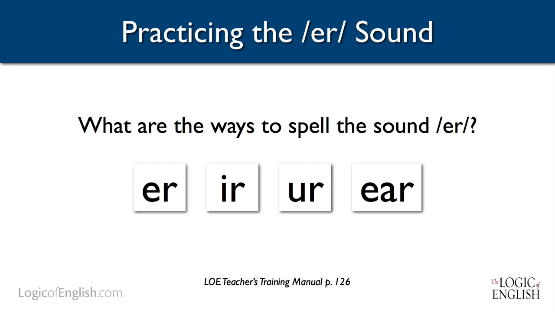So ER is more common than IR, which is more common than UR, and EAR is the least common. In addition, the sound of her, spelled ER, is the most common by a long shot. It is used in about 80% of words with the sound. So if you have to guess, guess ER, if you're resorting to just making a guess.